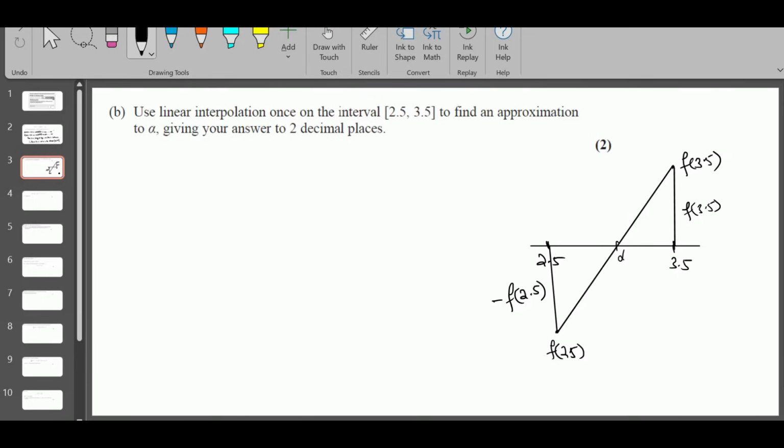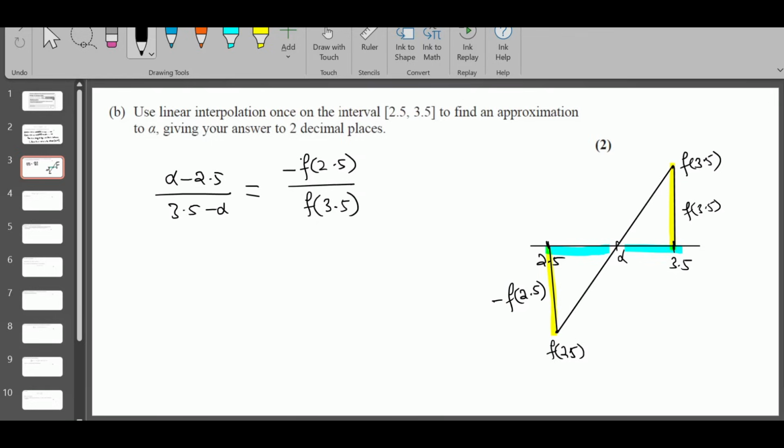The alpha is in between these 2 points. So we are going to apply linear interpolation now using the similar triangle method. This length divided by this length, which is alpha minus 2.5 divided by 3.5 minus alpha, is equal to this length divided by this length, which is minus f of 2.5 divided by f of 3.5.